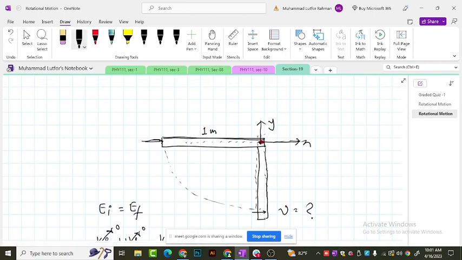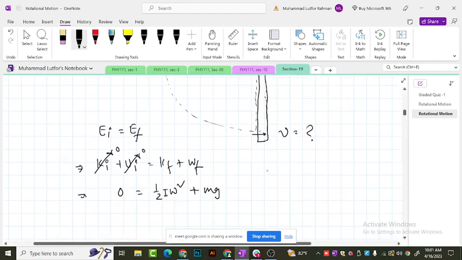Yes, sir, initial potential energy. So I choose this as my reference axis. This is my origin, right? So with respect to that point, the potential energy would be zero if you write this formula mgh, since my h is zero over here, right? Yes, sir, because they're on the same surface. Yeah, so that's why the potential energy is zero.